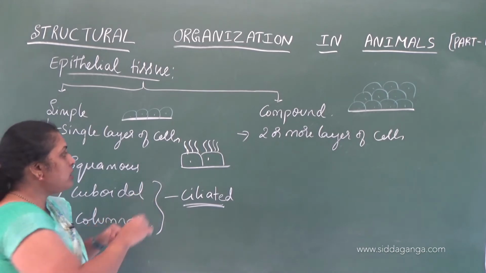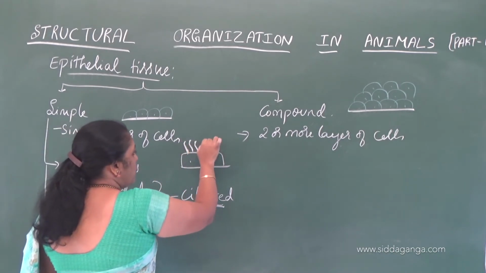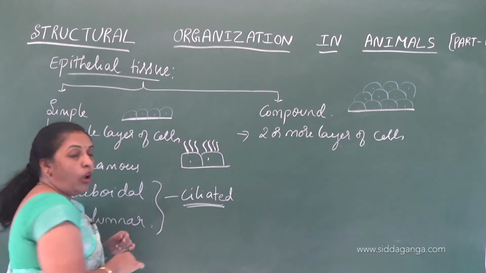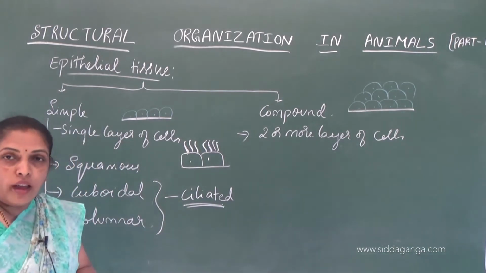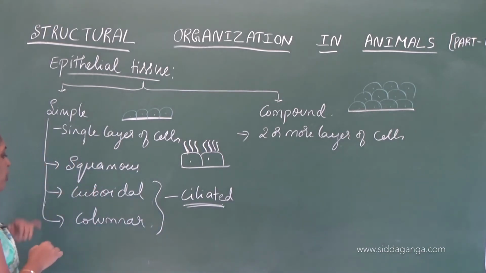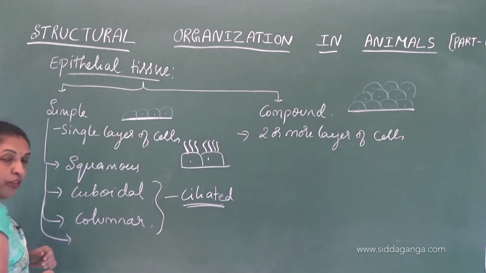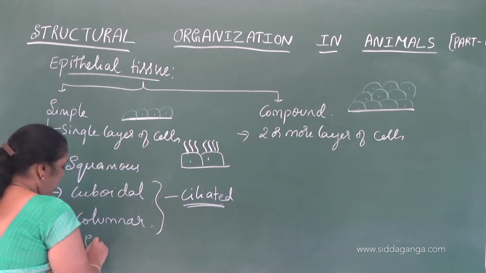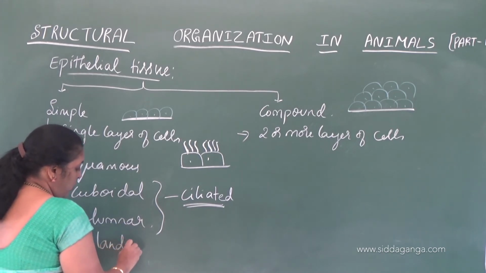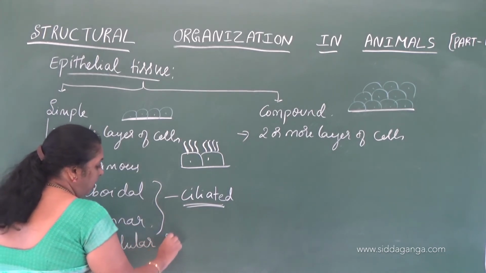If the columnar cells have hair-like structures on their free surface, it is called ciliated columnar epithelium. And some of these cuboidal and columnar epithelial cells are modified for secretion. It is called glandular epithelium.